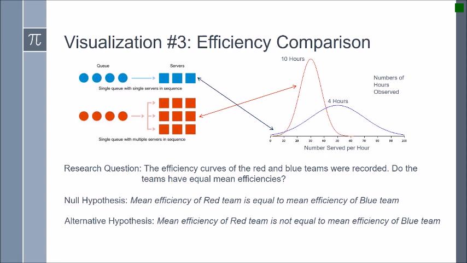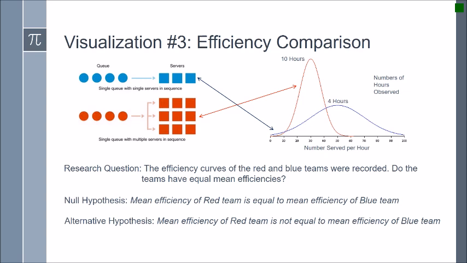So in the graph we can see that the multiple servers in a sequence with 10 hours that are being served per hour, and the number of hours which have been observed in blue graph is 4 hours. So the research question is, the efficiency curve of the red and blue teams were recorded.